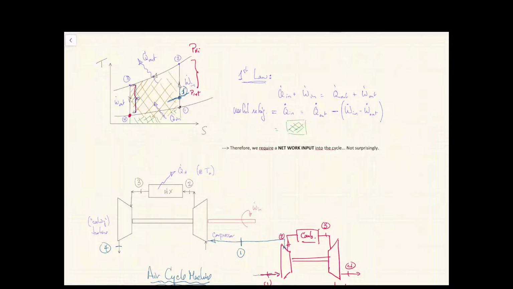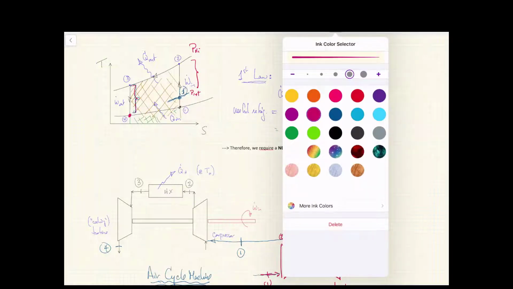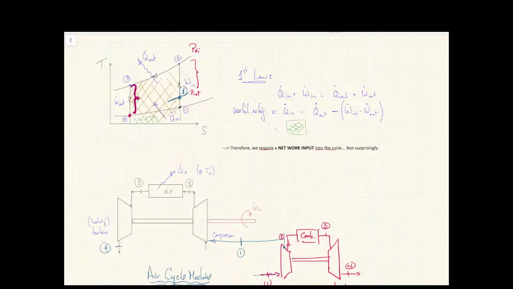Deeper color here. There we go. So this guy is equal to this guy now. Boom, boom, boom, boom. So those two changes in energy corresponding to the delta T between P int and P high are equal, and so therefore, voila, my cycle is balanced.